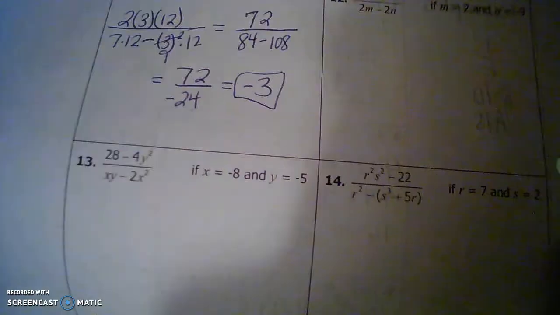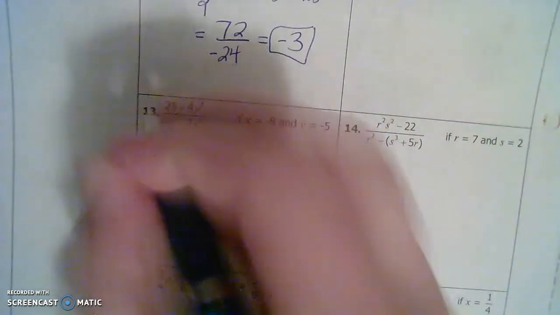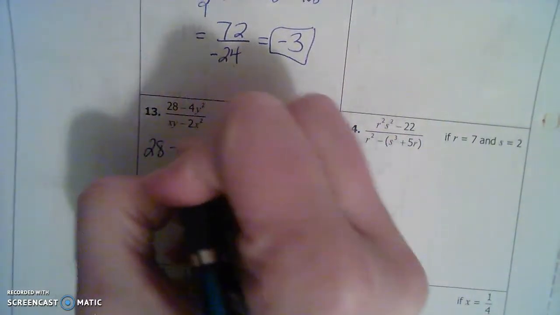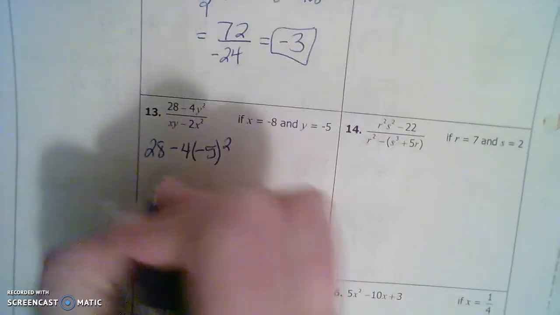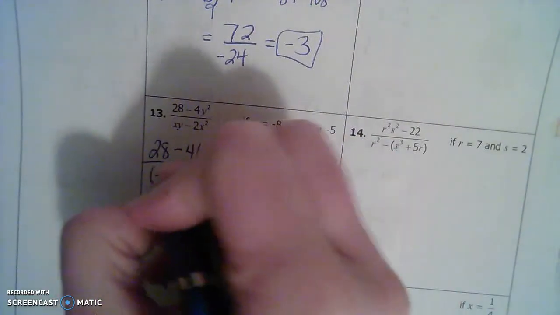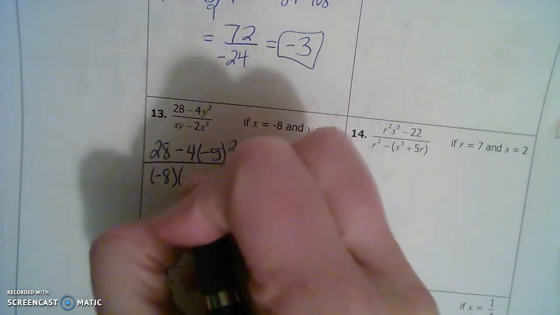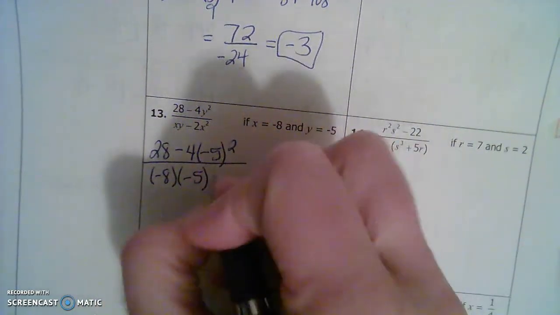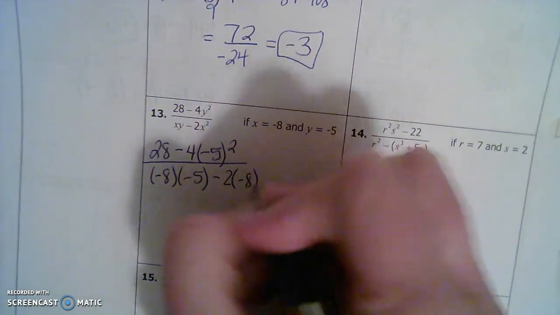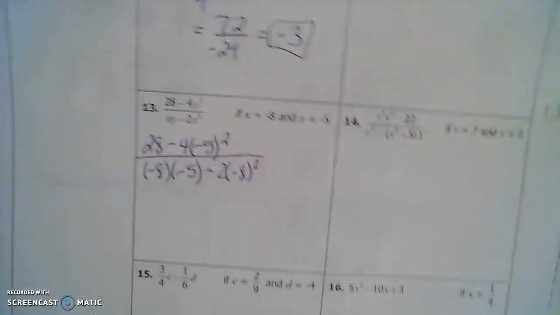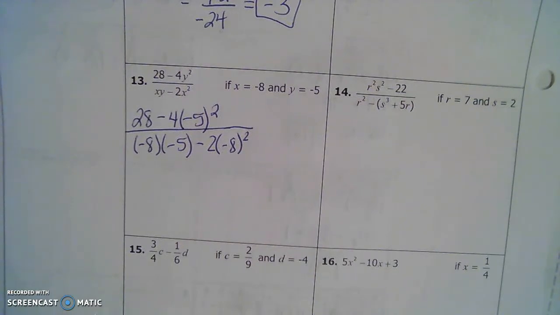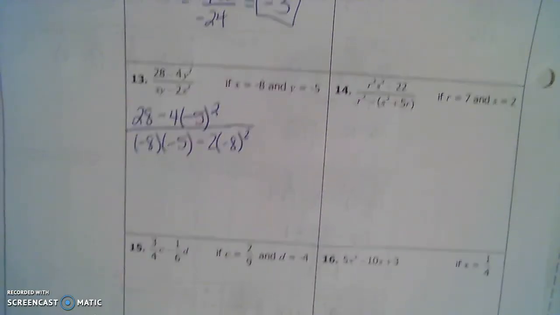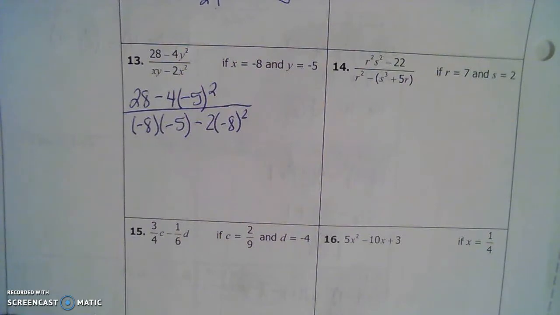Same thing with number 13. 28 minus 4 times y, which is negative 5 squared, all over x, which is negative 8, times y, which is negative 5, minus 2 times negative 8 squared. So this one I did all parentheses with all those negatives in there. Again, it looks really, really tricky, so you need to just do one thing at a time.